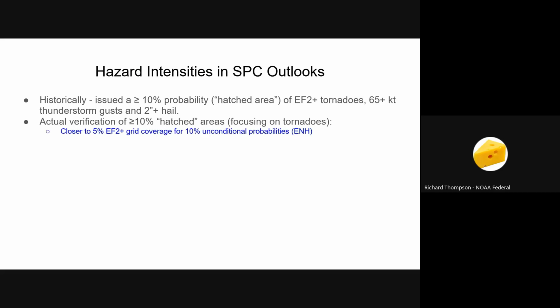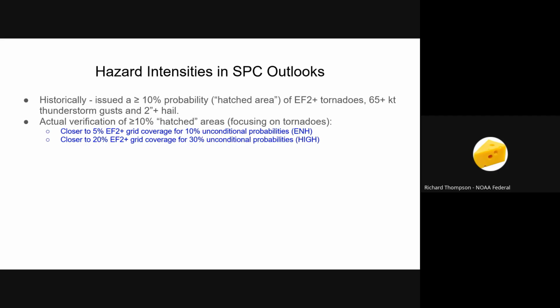When we do a 10 hatched, which we have one today up in the Midwest, the verification is closer to 5% grid coverage. But what happens when we issue a high risk, which is a 30% hatched as the minimum, the percentage of EF2 plus is actually 4 times higher in those. So it's not just that, we're also getting more intense tornadoes.